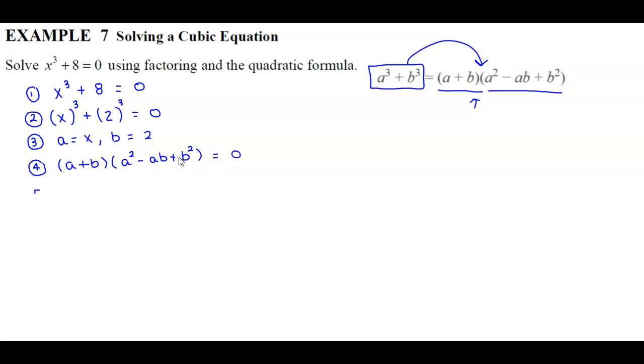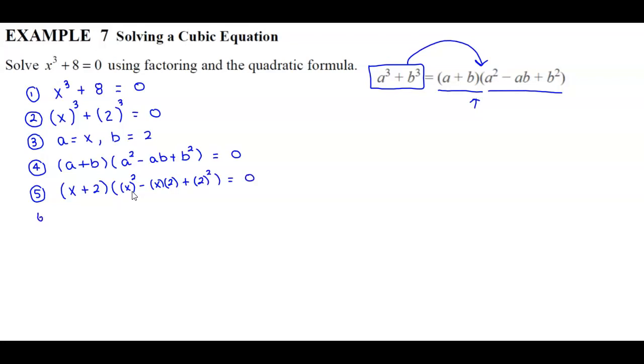So let's plug in our values for a and b. We know that a is equal to x, and we know that b is 2. So that's x plus 2 times x squared minus a, which is x, times b, which is 2, plus b squared, which is 2 squared, and then set that equal to 0.